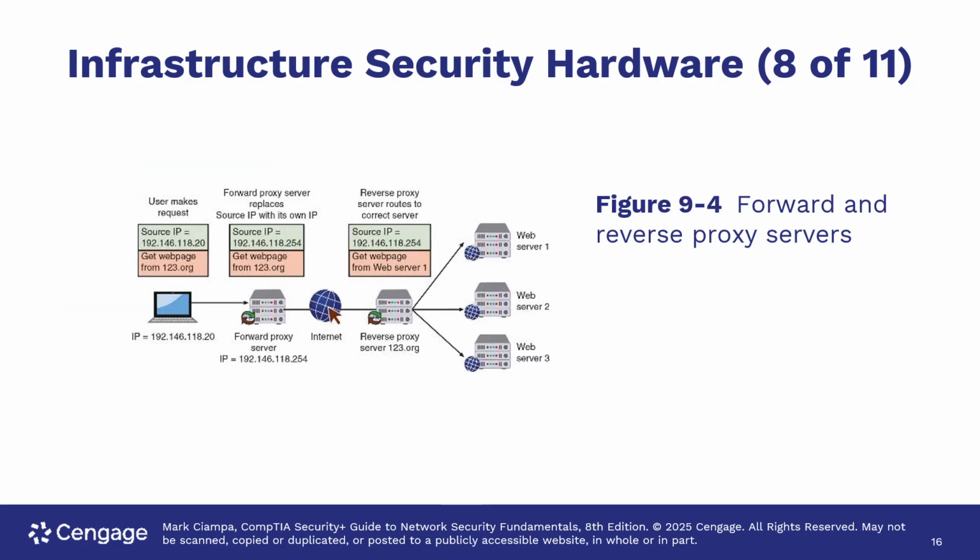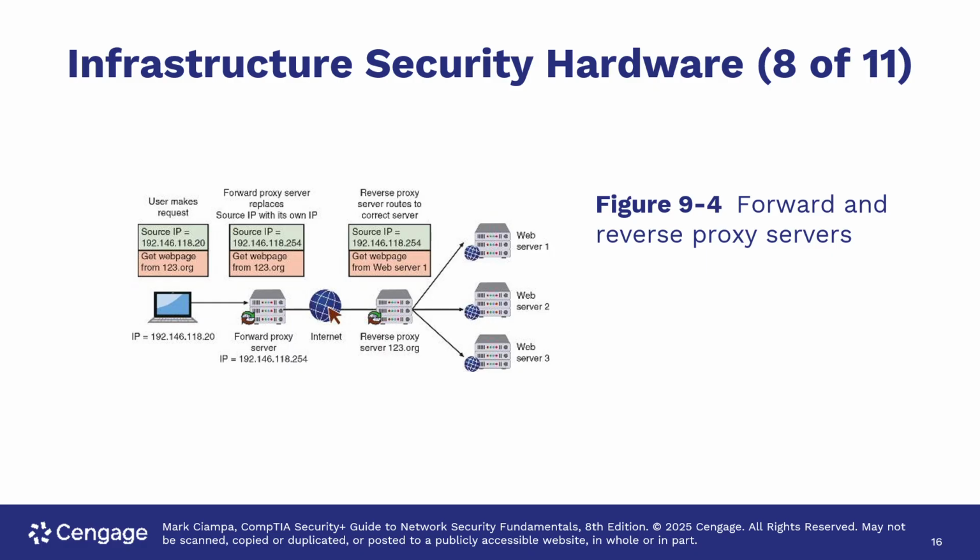So here's an example of forward and reverse proxy servers. Let's take a look at it. You see the first computer on the left has a 192.146.118 IP block.